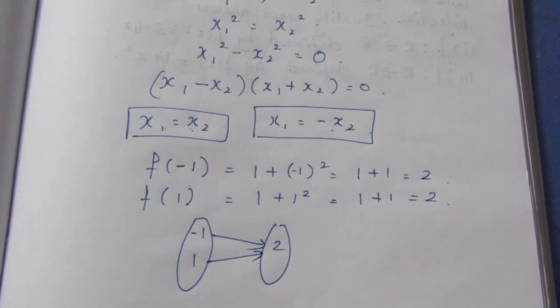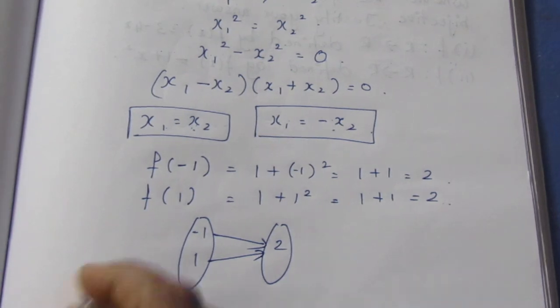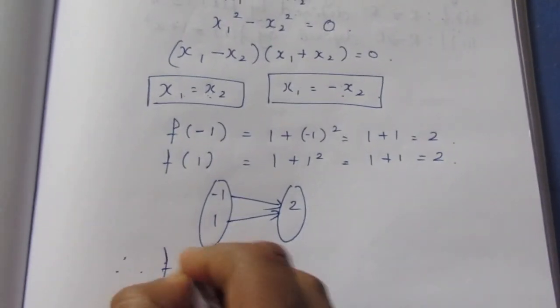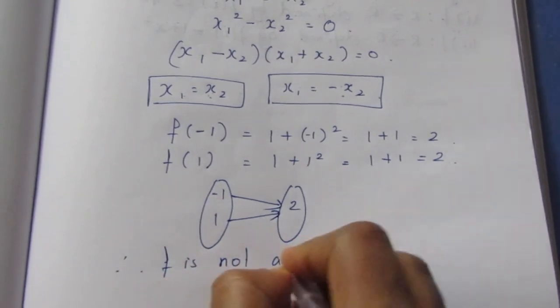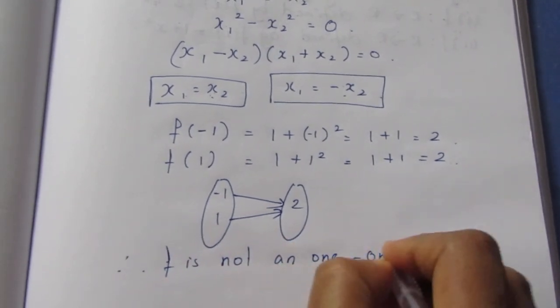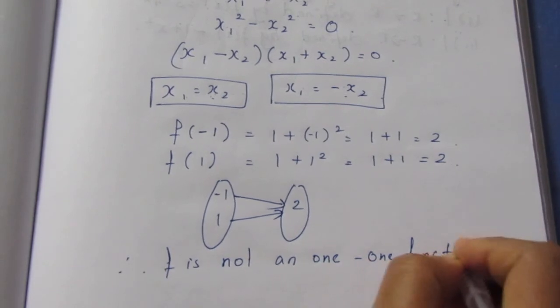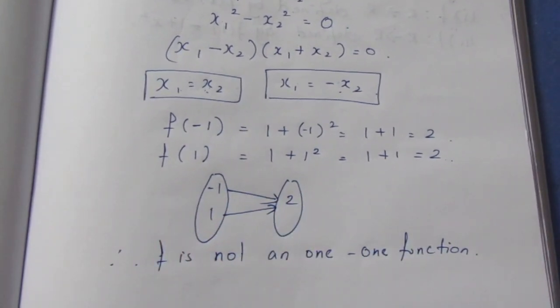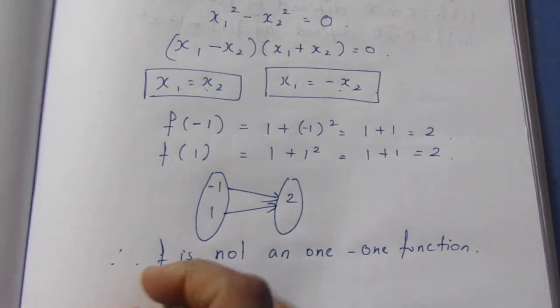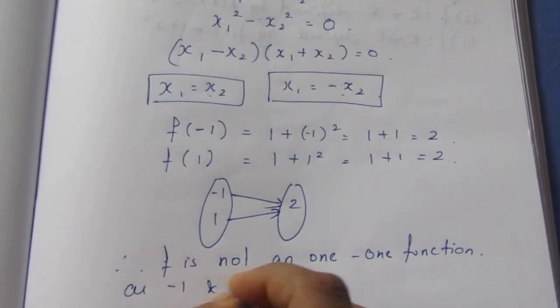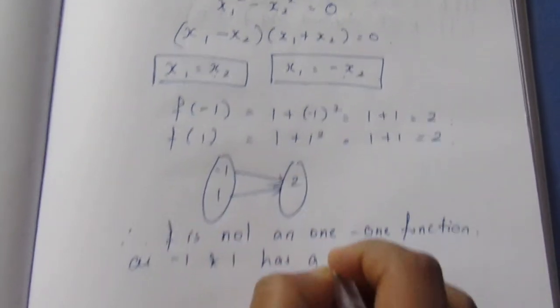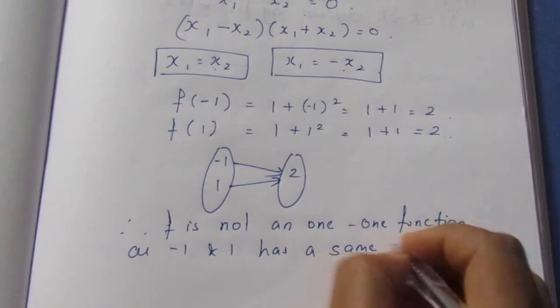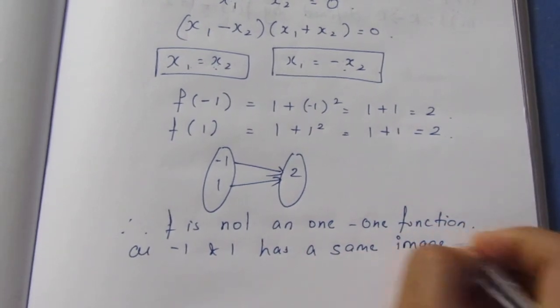That means it is not a 1-to-1 function. Therefore, f is not a 1-to-1 function, because minus 1 and 1 have the same image 2.